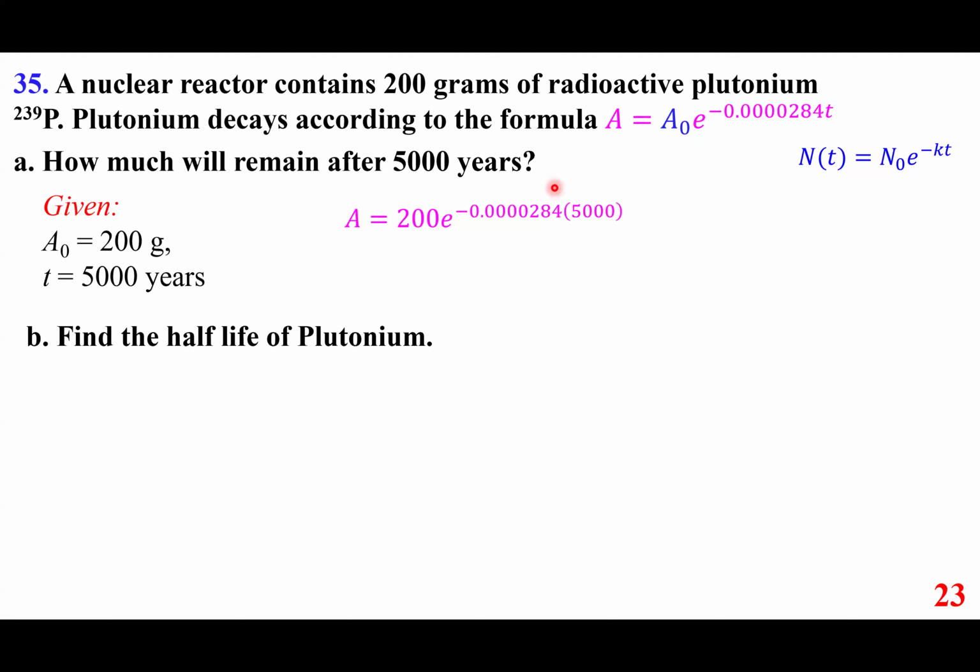The product of these two is negative 0.142, raise e to that power multiplied by 200. And whatever you get is in the same units, grams, 173.52 grams, everybody. So what it means is that after 5,000 years, out of 200, 173.52 grams would be left.